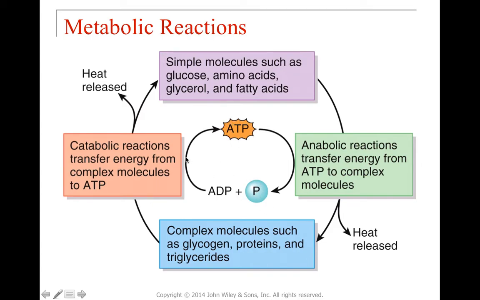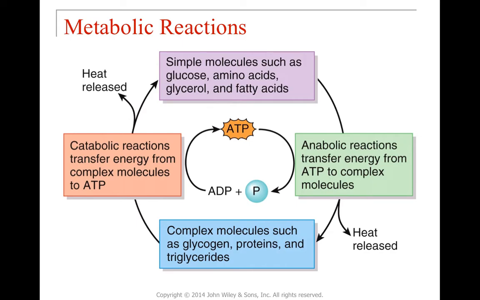A reaction that releases energy is called exergonic. Usually catabolic reactions are exergonic. The release of that energy is picked up by the ADP molecule and combined with the free phosphate in solution and stored in the bond between the di and the triphosphate, forming this ATP molecule, which is higher energy.